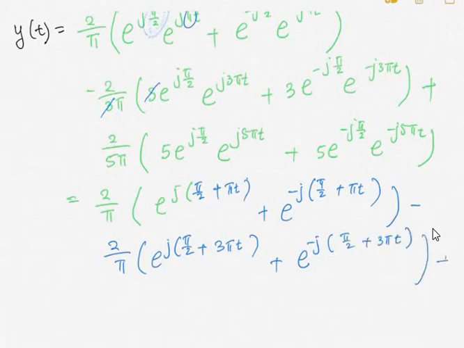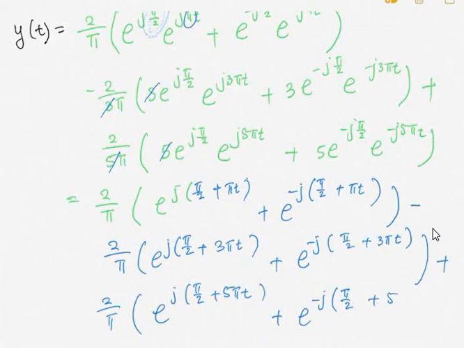Then plus with 2 over pi, cancel out this one, you get 2 over pi exponent j pi over 2 plus 5 pi t plus exponent minus j pi over 2 plus 5 pi t. So this is the output yt for the LTI system. Do you understand now?